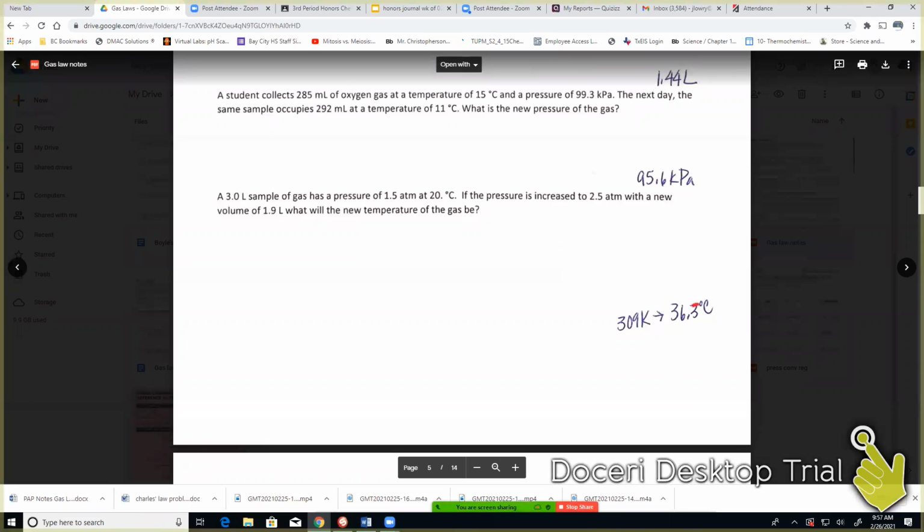Sig fig wise, if you change it to Celsius, you should just end up with 36, no places behind the decimal. The very last problem. Which one? From the very top. 95.6 kilopascals.